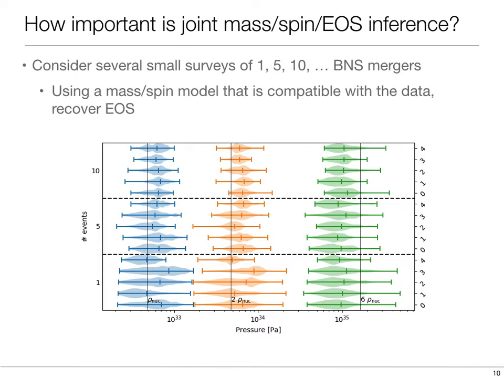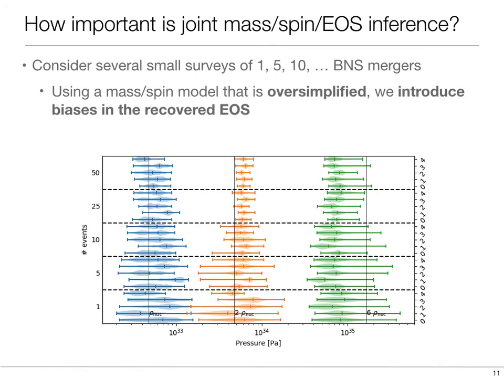The width of the violin plot is showing our conclusions about the nuclear equation of state at that density. Now, we're performing several different survey sizes, 1, 5, and 10 here. And you can see that we are recovering what we put in, with the width of the error bars getting smaller as we increase the number of events. If we use, however, an oversimplified population model, then we will get biases in the recovered equation of state.